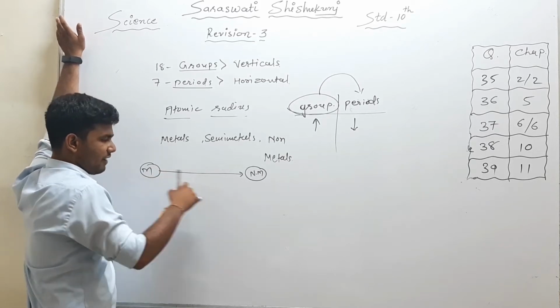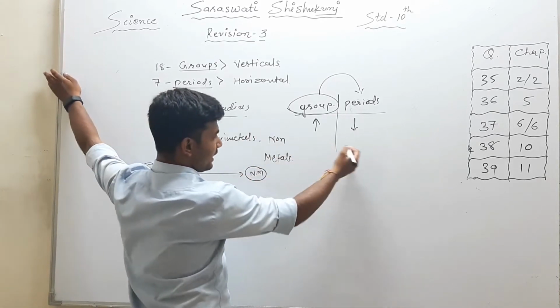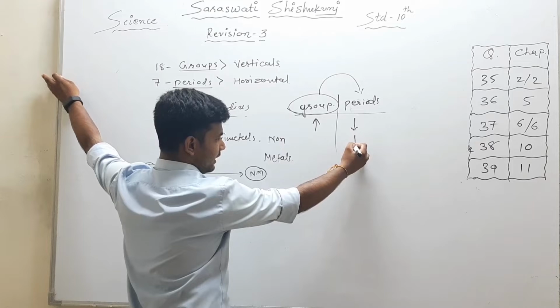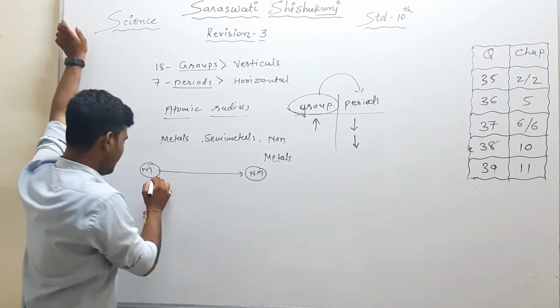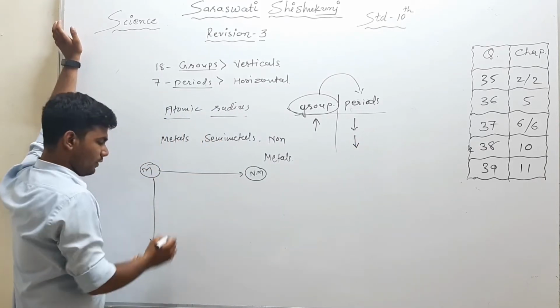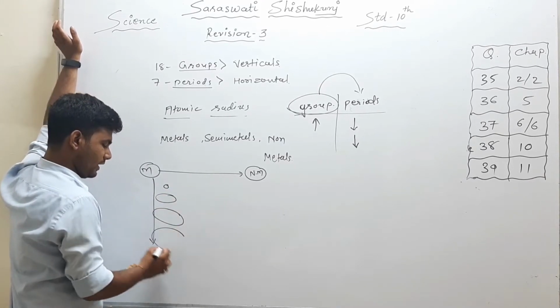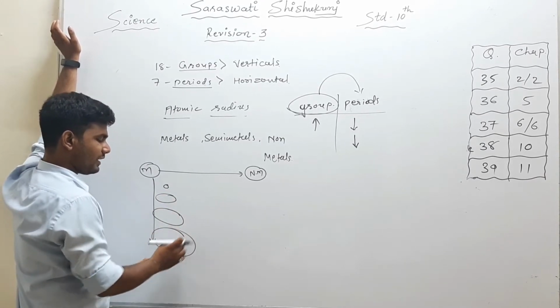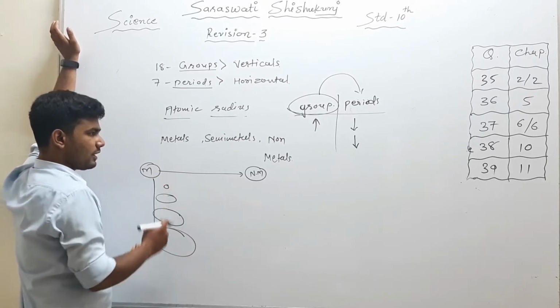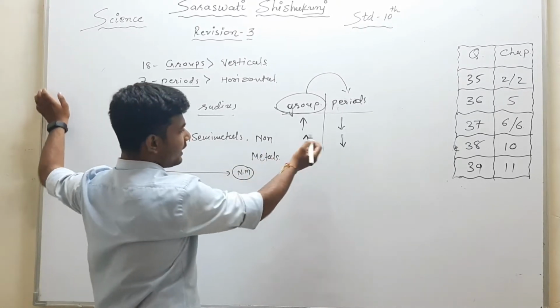So when we move from left to right, metallic properties in periods decrease. When we move from up to down, the electron will enter into the last orbit, and as it is far, it's easy to remove the electron, so the metallic property is going to increase.